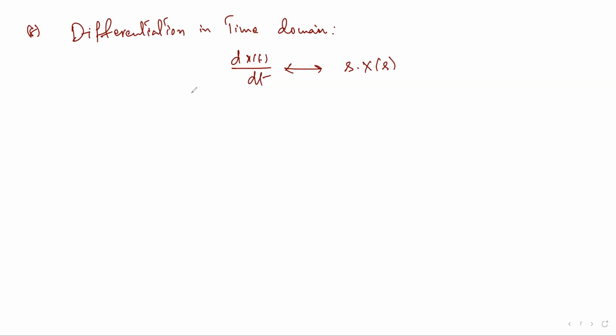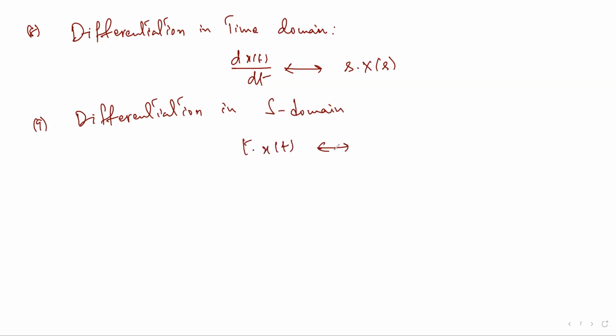Next, differentiation in S domain property. That is, if it is t multiplied in time domain, then it is minus d by ds of X of s.